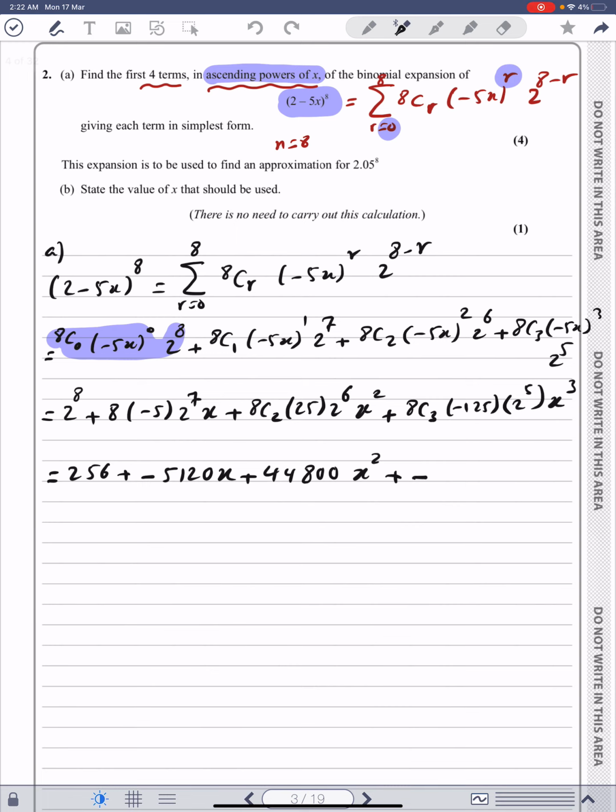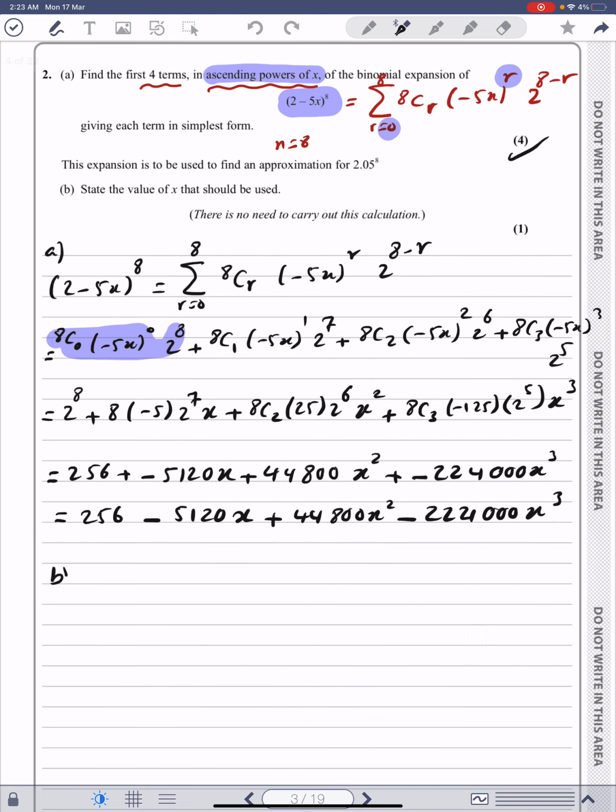Fourth term, negative 224,000 x cubed. Getting at the end 256 minus 5,120x plus 44,800 x squared minus 224,000 x cubed, getting the 4 terms, 4 marks.